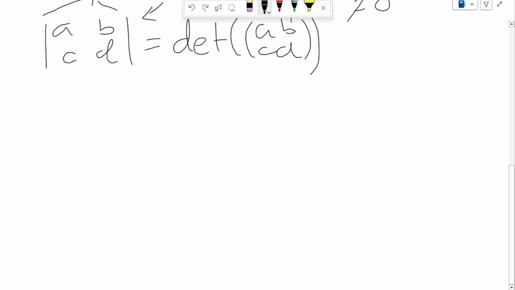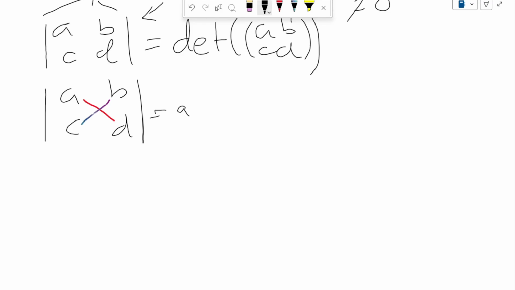So let's go to the 2x2 case. It's just important to note that the determinant of a 1x1 matrix is just itself. Now, the determinant of the 2x2 matrix is kind of fun. We're going to multiply a and d.